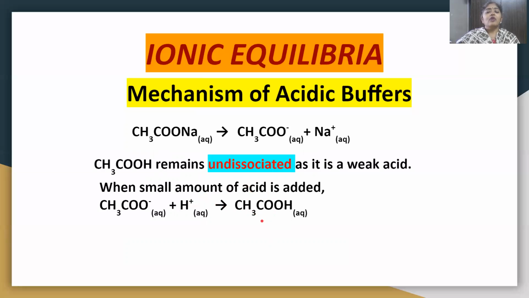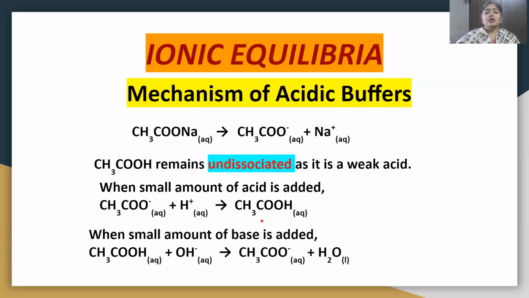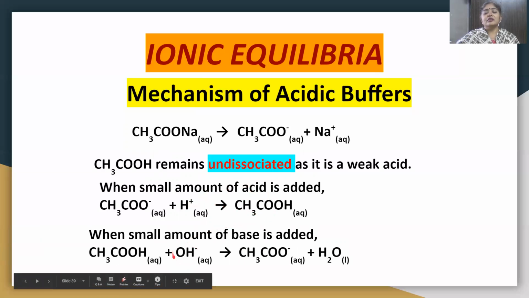Now what happens if I add some base? When I'm adding some base, that means there are extra OH minus ions in the solution, because I've added some strong base. But what happens to these OH minus ions? These OH minus ions will react with the acetic acid and get converted into acetate ions and water.